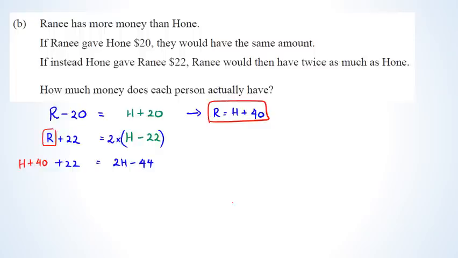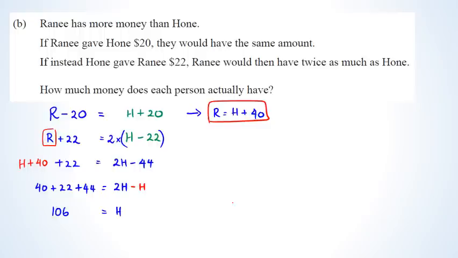Rearranging, negative 44 comes to this side, so I've got 40 plus 22 plus 44 equals 2H, and when I shift the minus H to the right-hand side, it's minus H. So I've got 106 equals H.